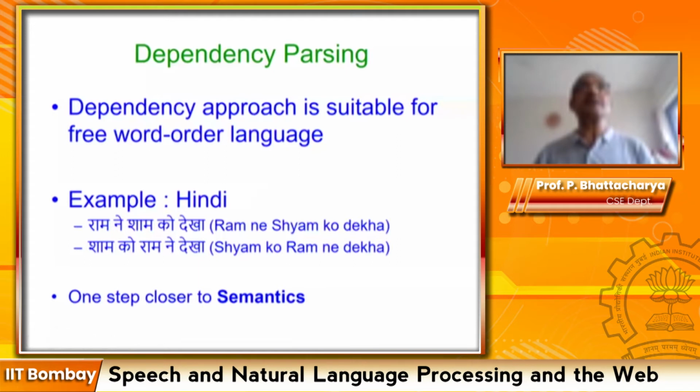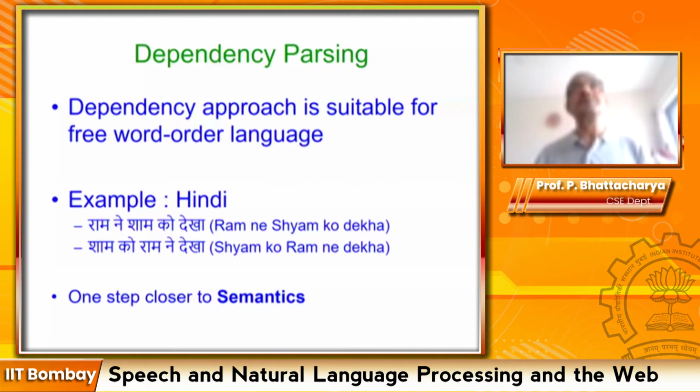English is towards fixed order, Hindi is towards flexible order, because we know that we can change the normal order to express a special situation. For example, to express emphasis. Okay, Ram saw Sham. It is Sham that Ram saw.